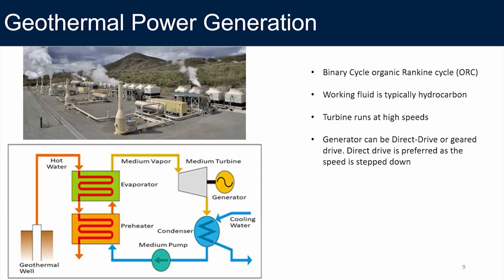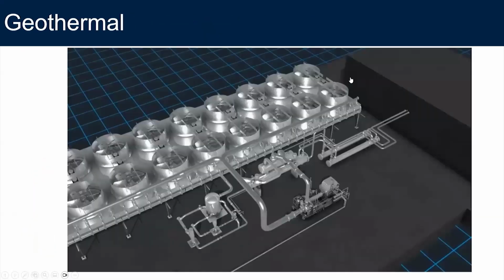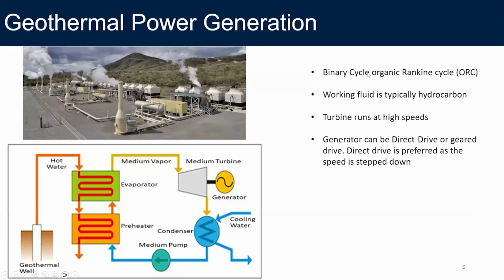There's low temperature water that you can take off the ground source, extract the heat or energy in that source, and convert it to electrical energy. So mainly the power generation works in a cycle called the binary cycle organic Rankine cycle.